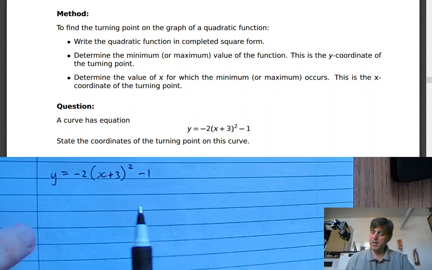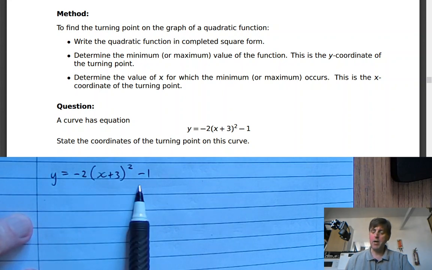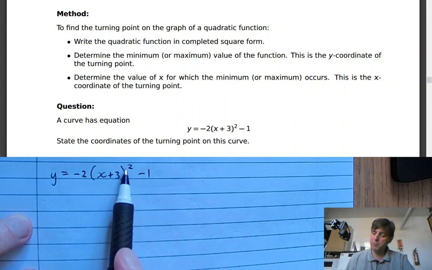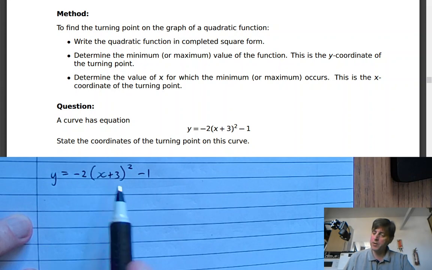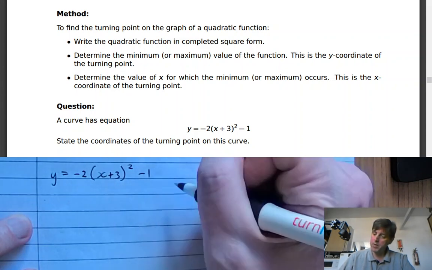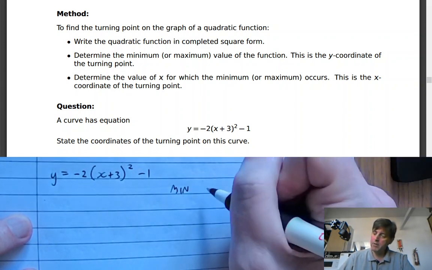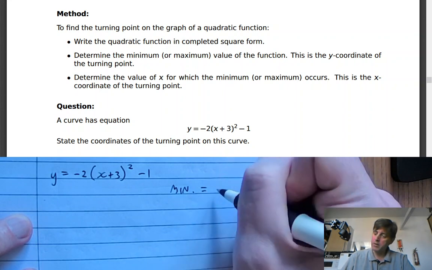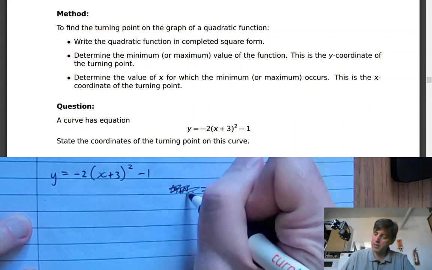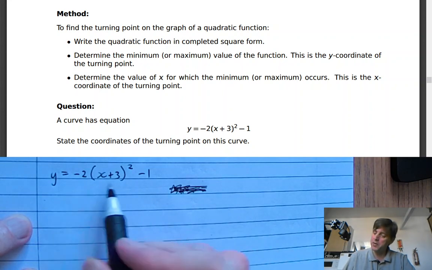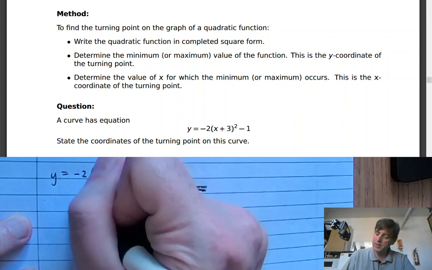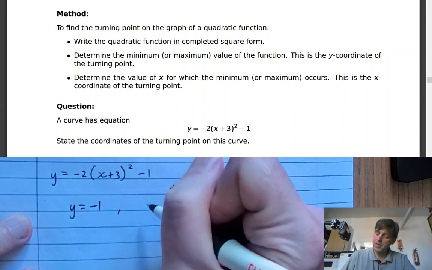Okay, so here's our equation here. Now, the turning point is going to have the y coordinate equal to whatever we get whenever this bracket here is 0, because that's the most extreme value we can have there. And that's just going to be -1 here. Let me correct myself here, because I don't necessarily think it is a minimum, but our value for y for the turning point is going to be -1, okay?